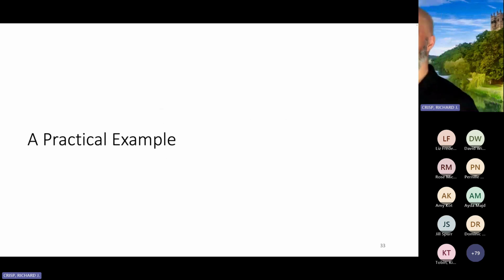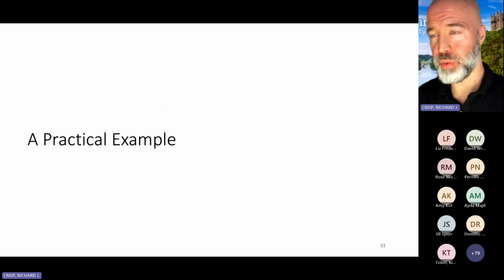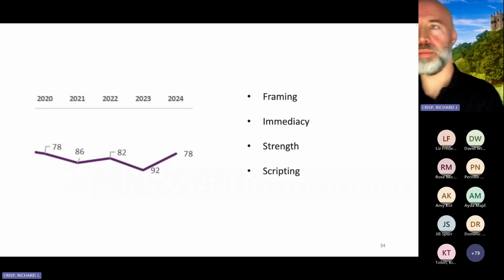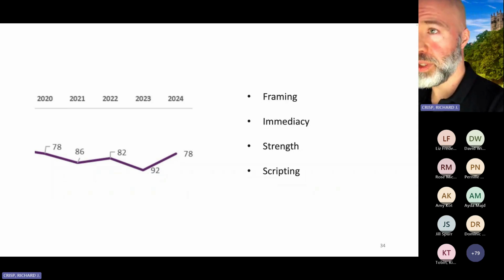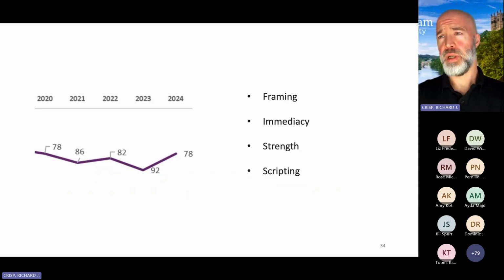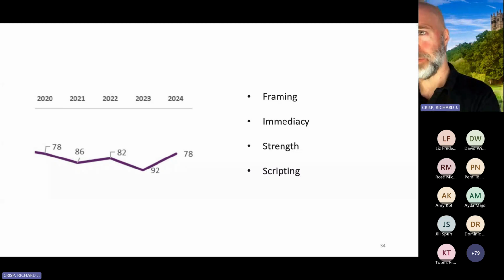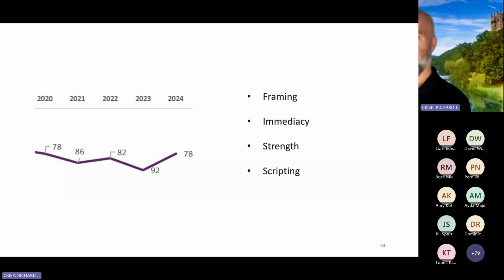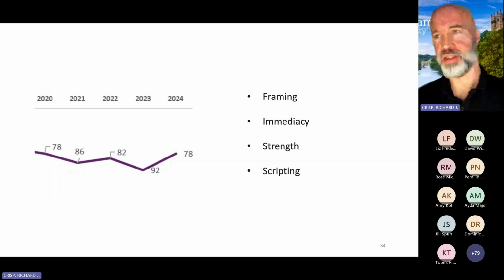Just to finish off, I've given a number of examples all the way through. I applied exactly these things to a challenge in my own organisation last year. It was a university ranking exercise every year, and in this particular ranking, Durham had been falling for the last 5 years, from 78th down to 92nd.